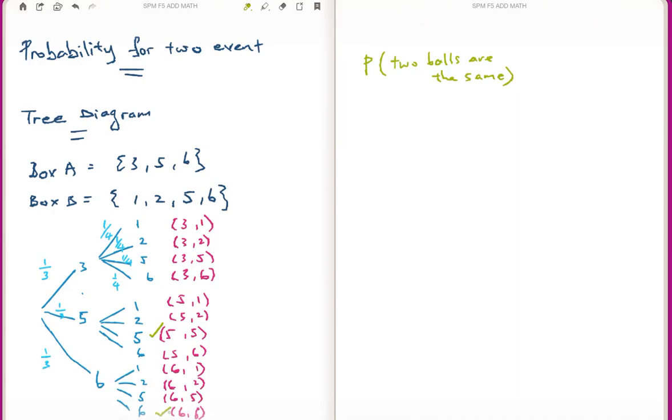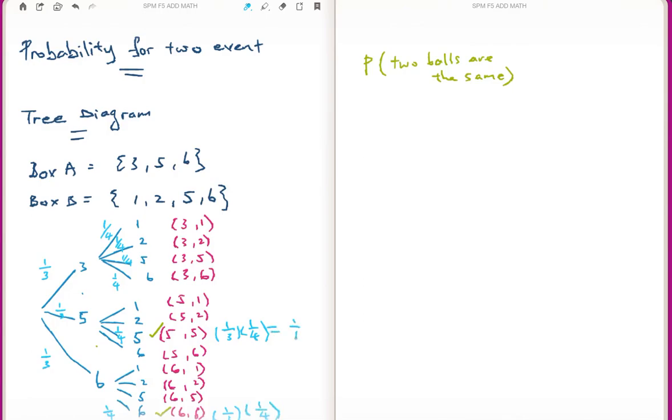So now what's the possibility of getting this and here? In box A, it's 1/3, and in order to get 5 in box B, it's 1/4. So the possibility of getting 5 and then 5 is 1/3 times 1/4. The possibility of getting the second 6 is also 1/3 times 1/4.